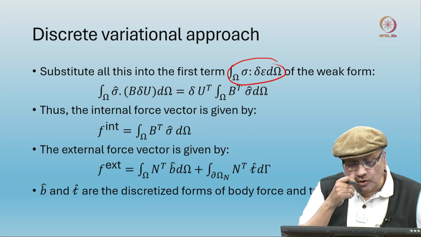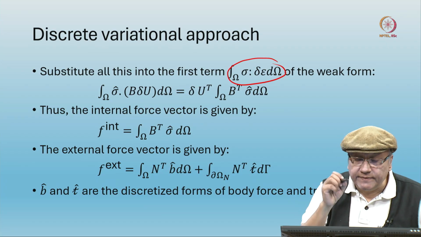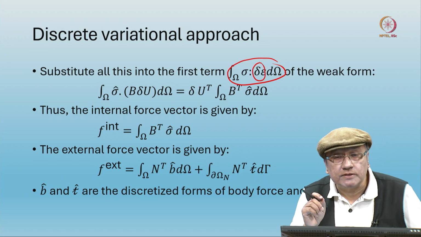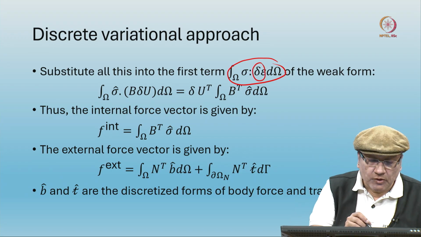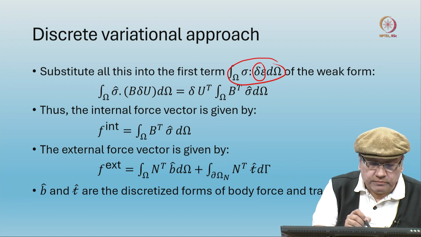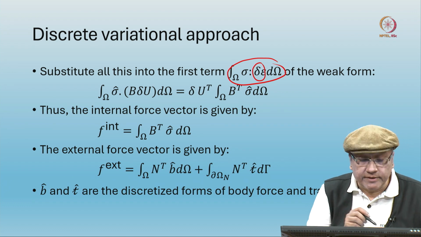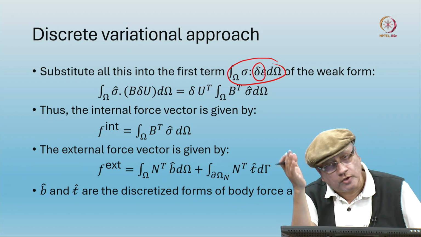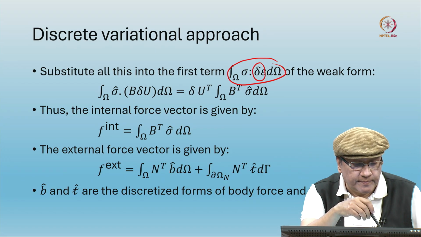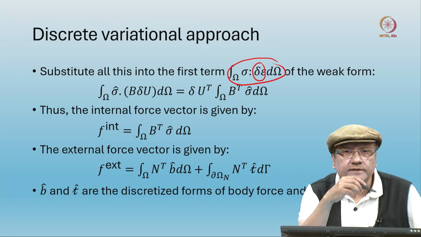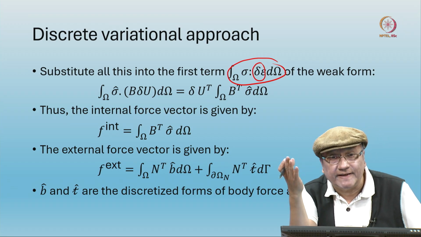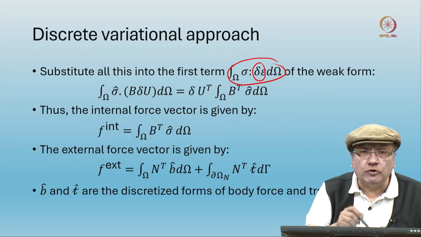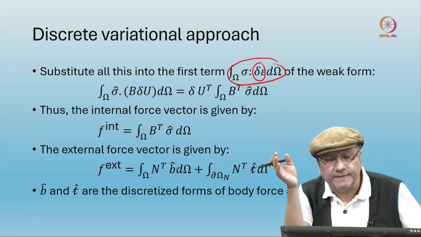Here let us put in the strain displacement relation to simplify delta epsilon, which gives you B delta U. In terms of vectors it is a dot product, still an inner product, between sigma hat and B delta U. Remember that B delta U is a vector.